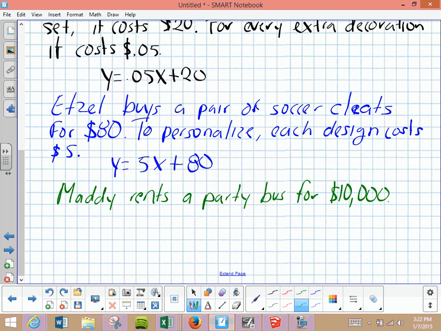So only your friends can come in, but you're not gonna charge your friends to get into the bus that you invited them to. They'll be really mad at you. Here's what we're gonna do. Yes. So to rent it is $10,000 already, but to have it, let's say that because of the price, it's gonna be $200 per hour. How's that?